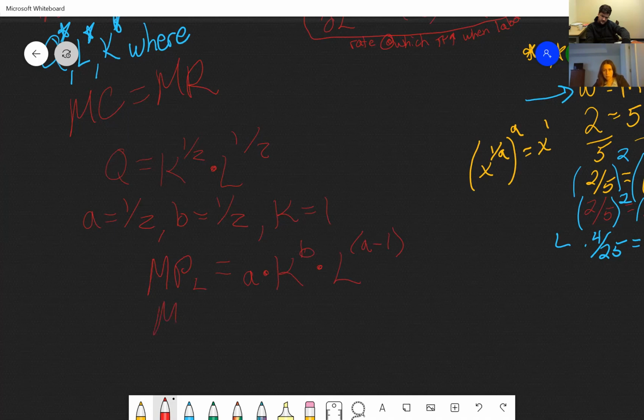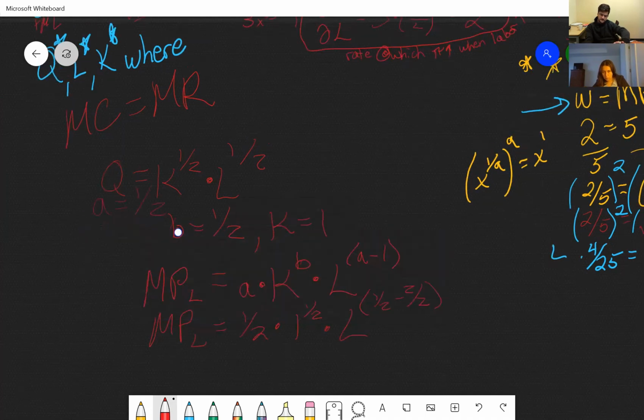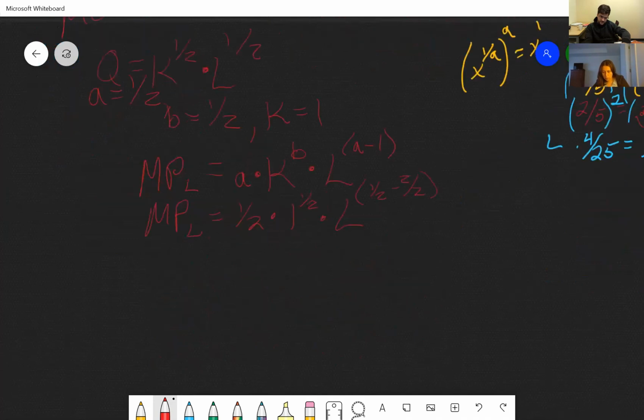So MPL is equal to 1/2 times 1 to the 1/2, which is just 1, times L to the, since A is 1/2, we end up getting a negative there. Whenever I'm going to get a negative, I switch it to a fraction, because it makes it a little easier for me. And so I end up with 1/2 times 1 times L to the negative 1/2.